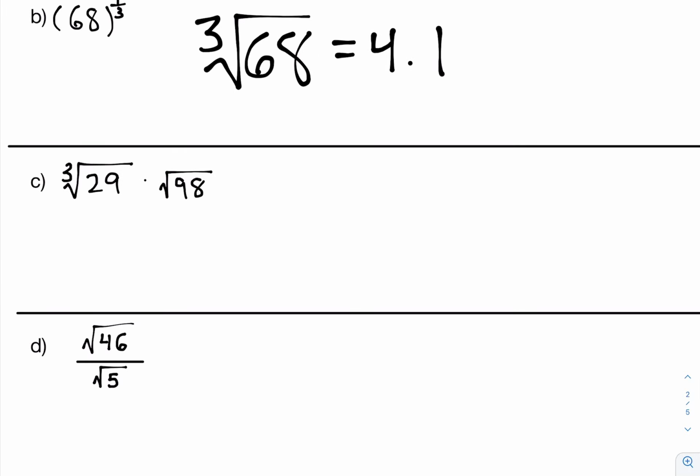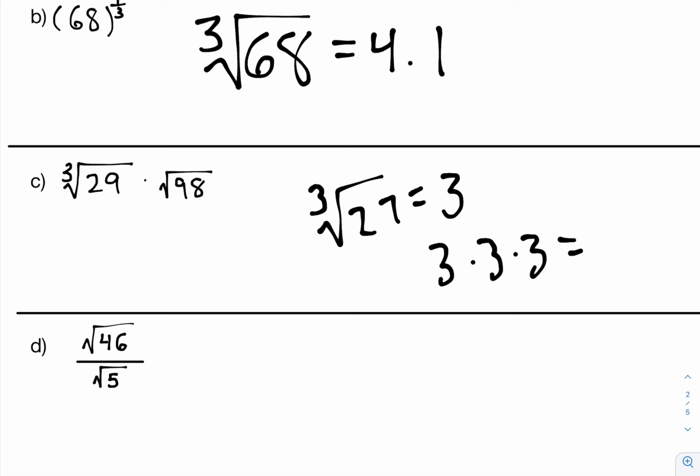Okay, the cube root of 29 times the square root of 98. Okay, so the cube root of 29, let's think about it here. I know that the cube root of 27 is 3, right? Because 3 times 3 times 3 is 27.